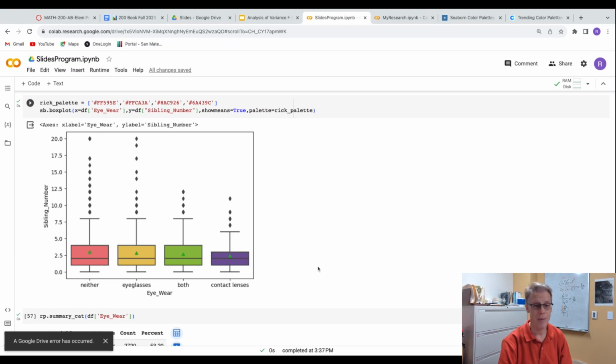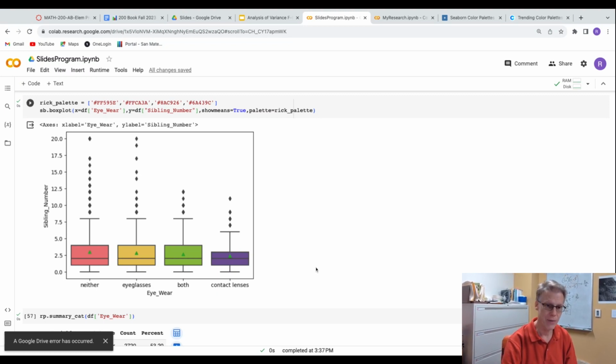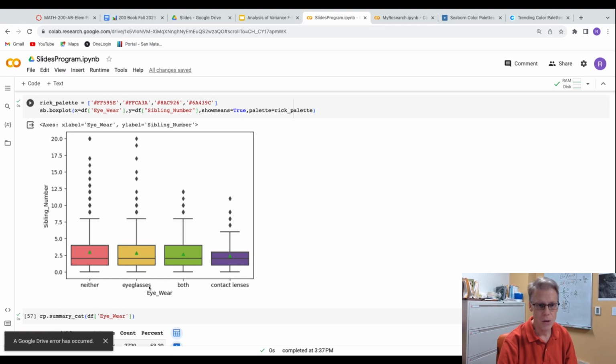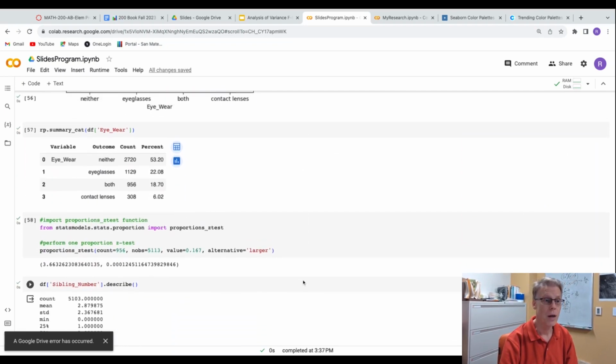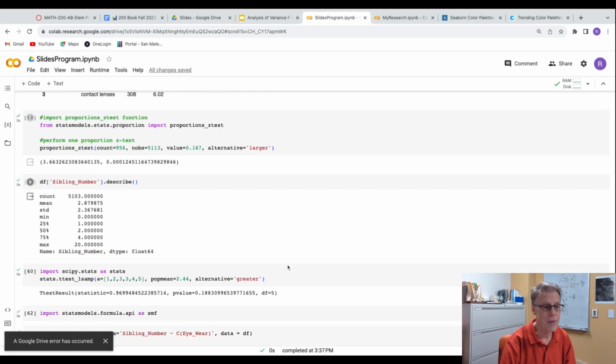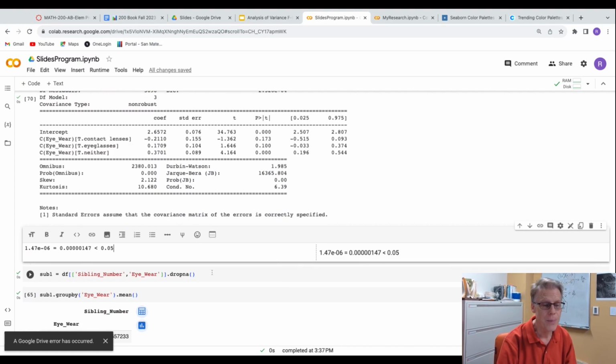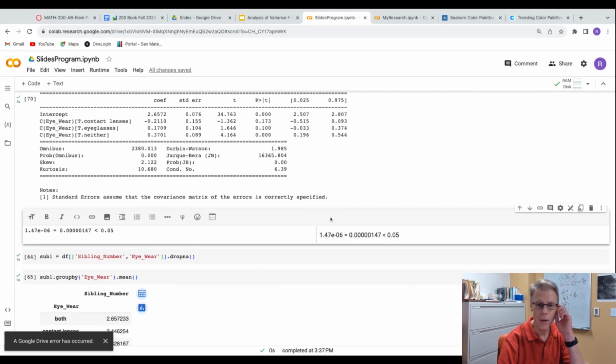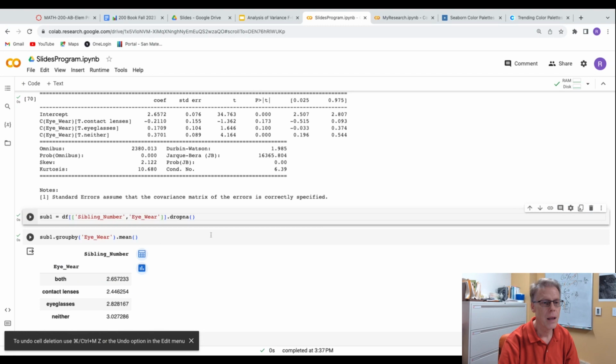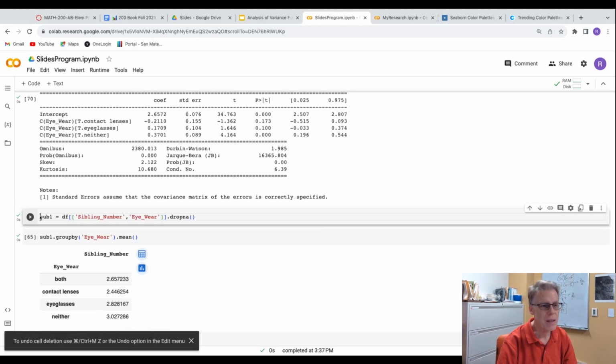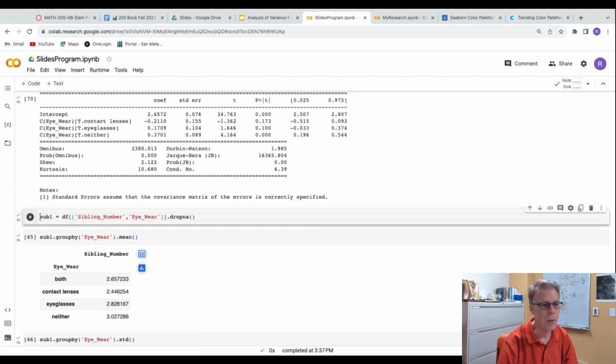So after we run the test, after we have significance, we're going to find out where that significance comes from and do a pairwise comparison between two categories at a time to see which ones are significantly different from each other. What I've done here, I'm going to get rid of this. I don't need that. But this first piece is important to do some of the other stuff.